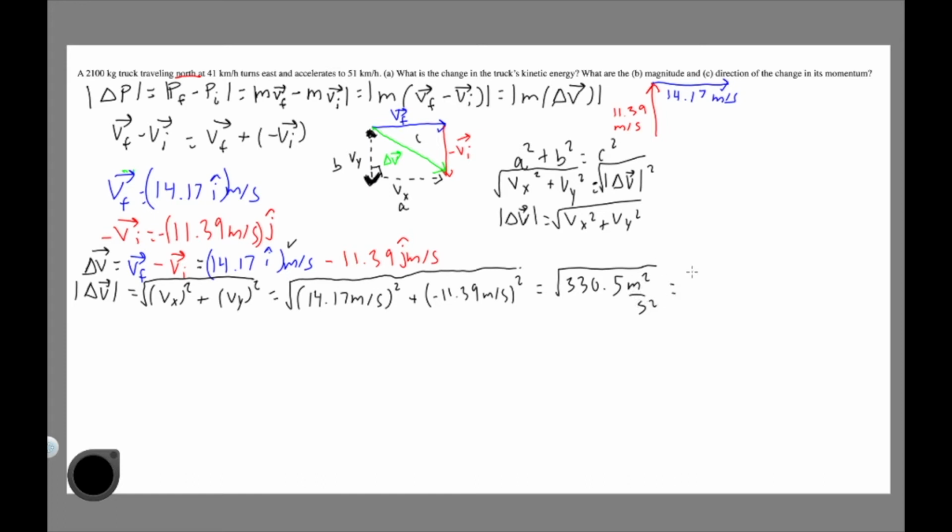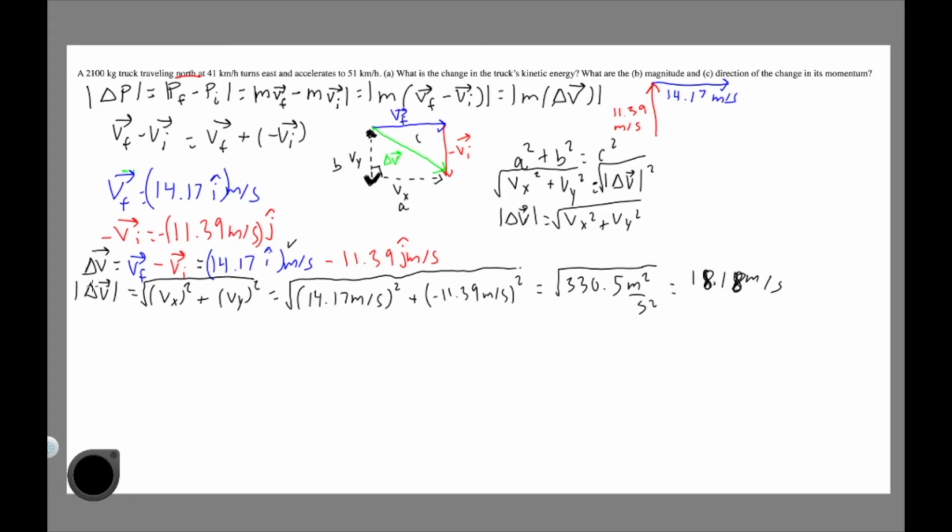And then we should get 18.18 meters per second. So this is going to be the magnitude of the change in the object's velocity.